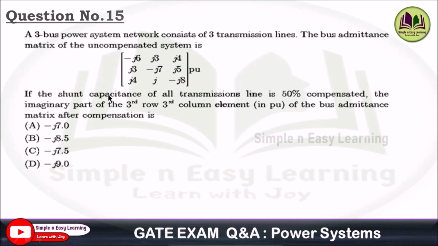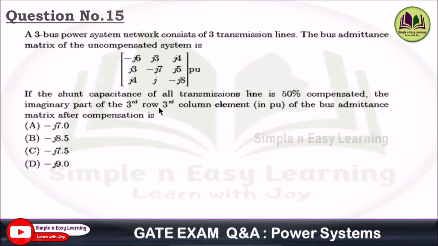If the shunt capacitance of all the transmission lines is 50% compensated, the imaginary part of the third row, third column element of the bus admittance matrix after compensation is asked in this question.